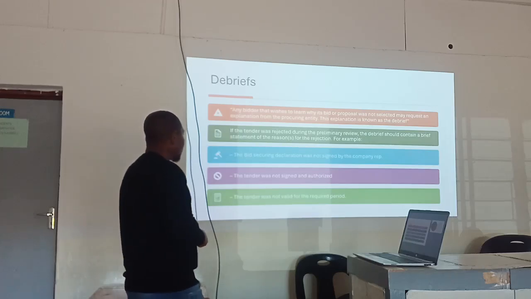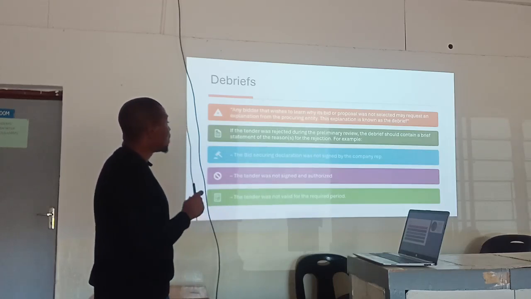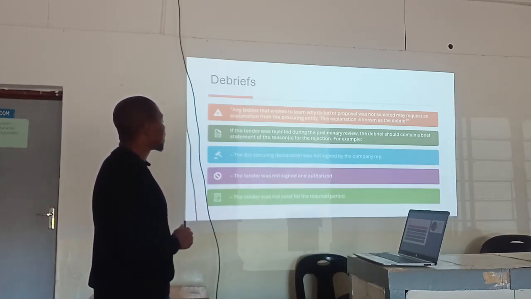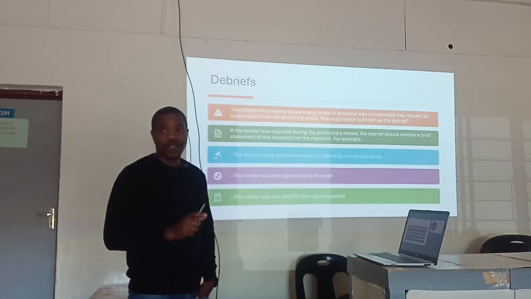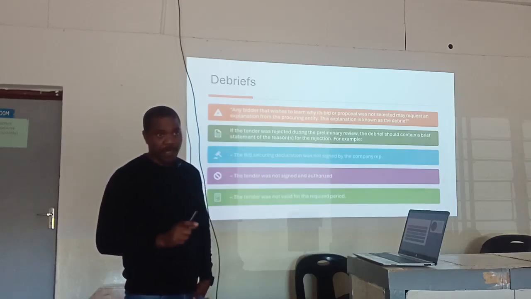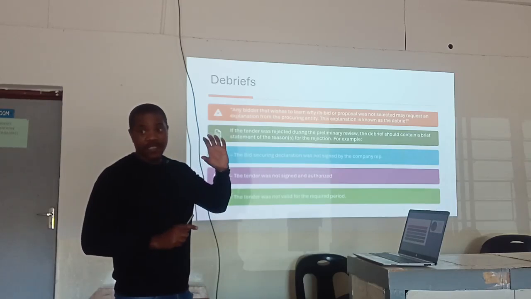So if the tender was rejected during the preliminary review, the debrief should contain a brief statement of the reasons for the rejection. Only the brief reasons for the rejection. So remember, the preliminary is the first stage, right?